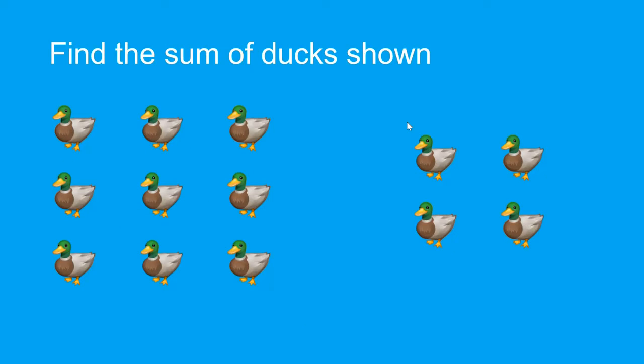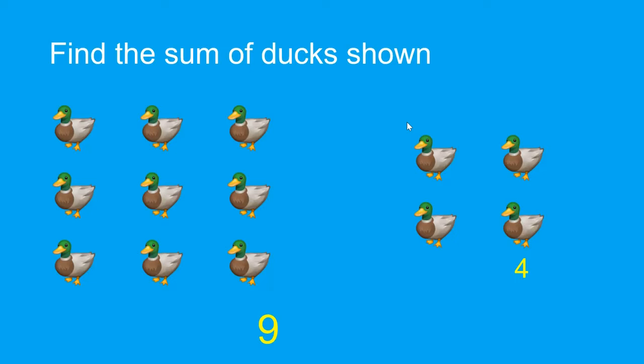Okay, find the sum of ducks shown. On the left, we have 1, 2, 3, 4, 5, 6, 7, 8, 9. Okay, we have 9 ducks on the left. And on the right, we have 1, 2, 3, 4. 4 ducks.